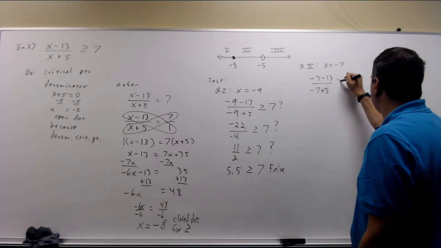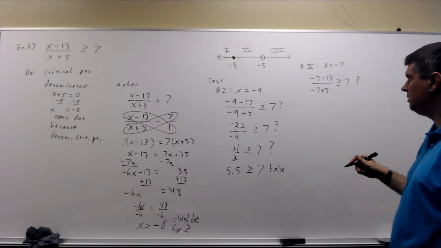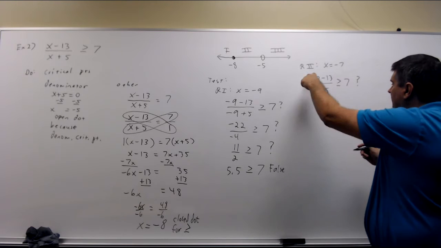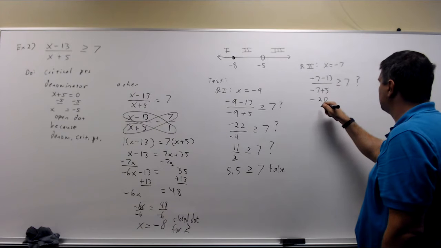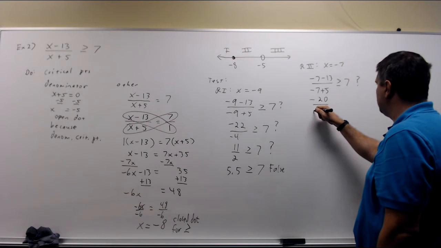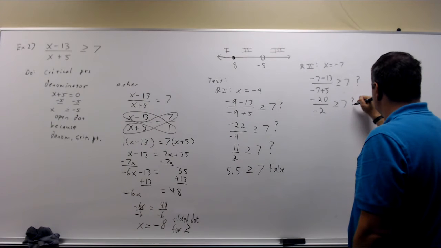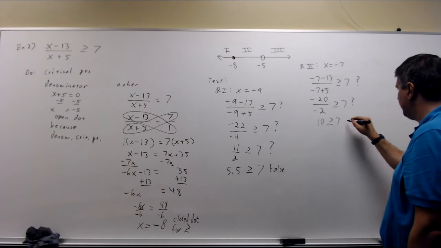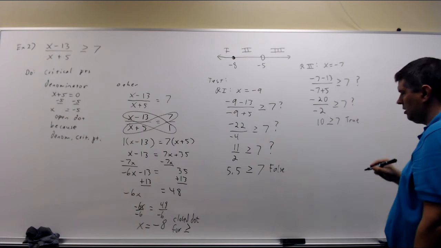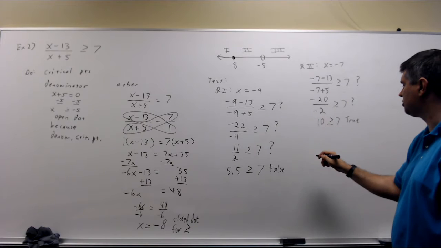I want to know if it's greater than or equal to 7. That's the question. So that's -20, and that's -2. So is 10 greater than or equal to 7? That's true. So region 1 is false, region 2 is true.